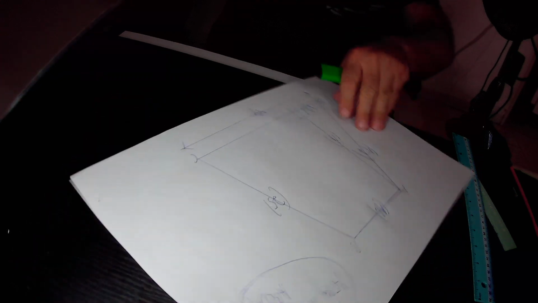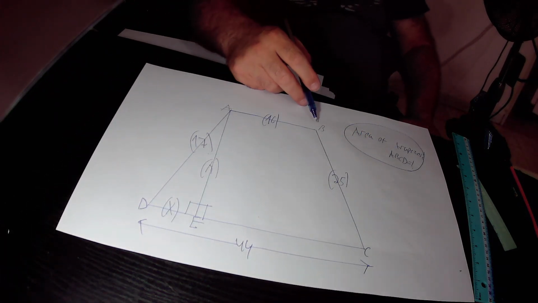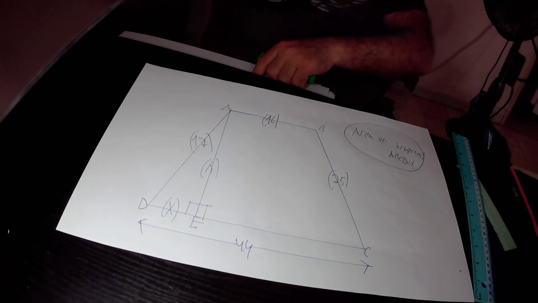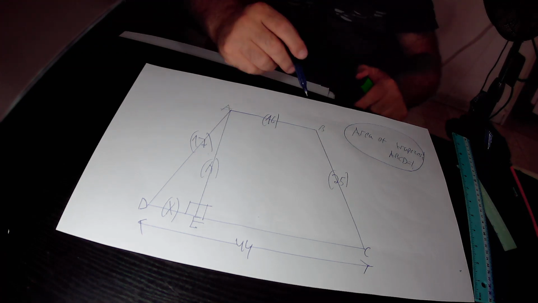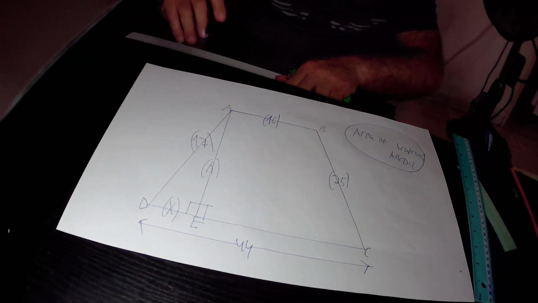In the next step, we will do another construction, that is to say, from this point B, we will draw a perpendicular on DC.